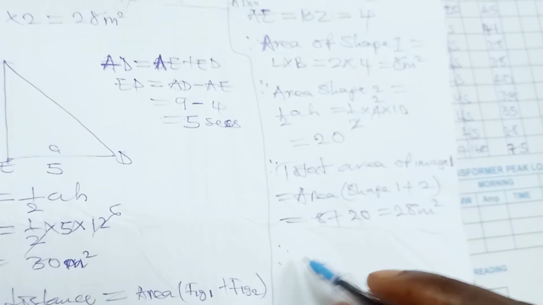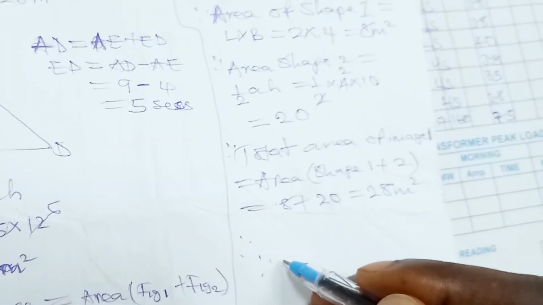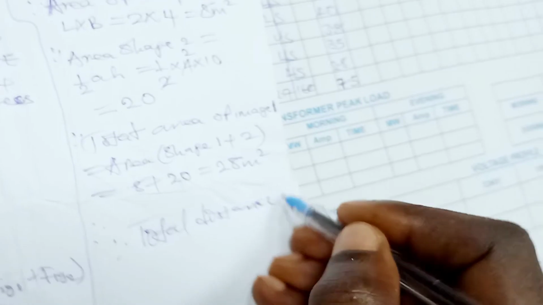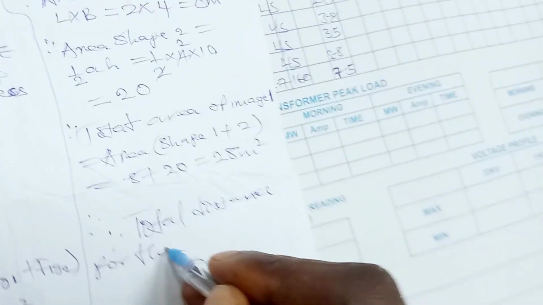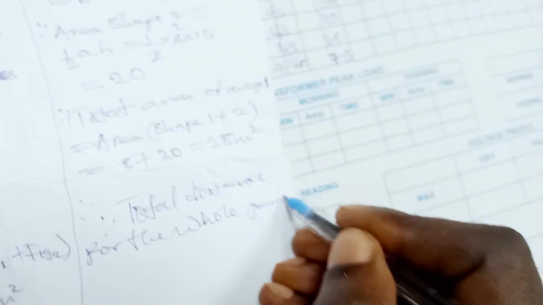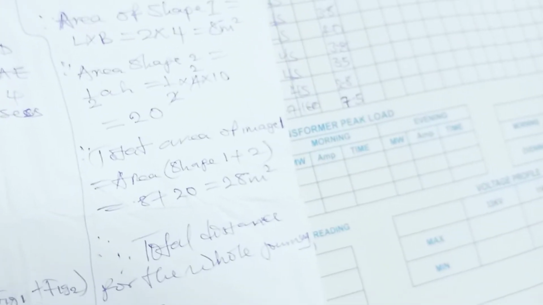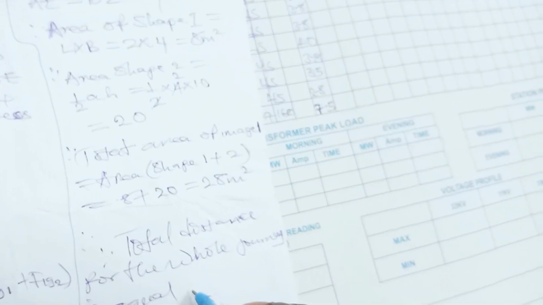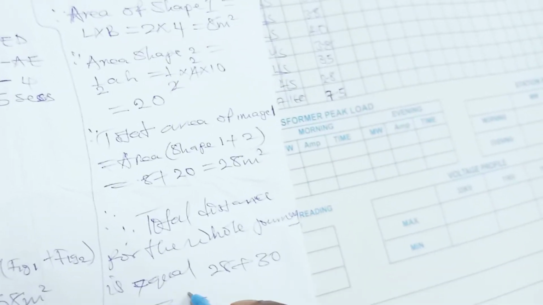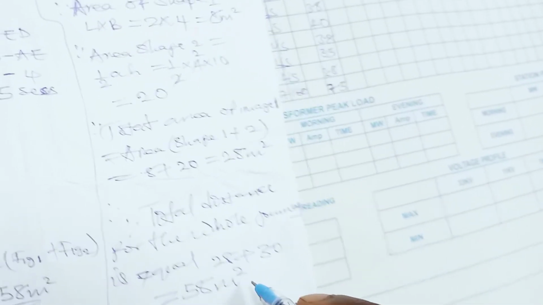Just add your 30 to this, then you are going to have the total distance for the whole journey, which is equal to 28 plus 30, and that's going to give you 58 meters square.